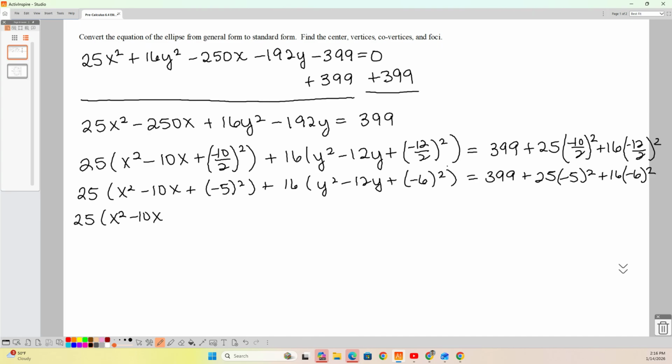Negative 5 squared is 25. Negative 6 squared is 36. Again, negative 5 squared is 25, and negative 6 squared is 36.